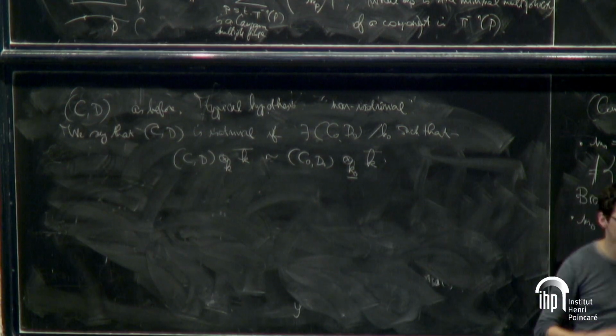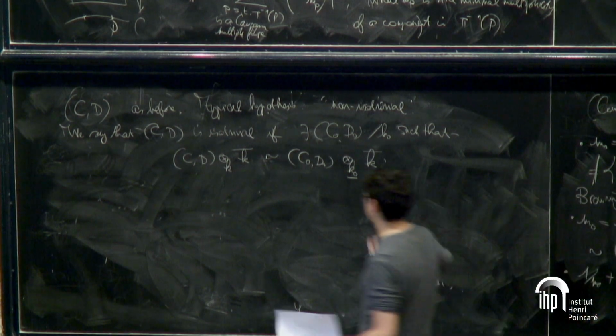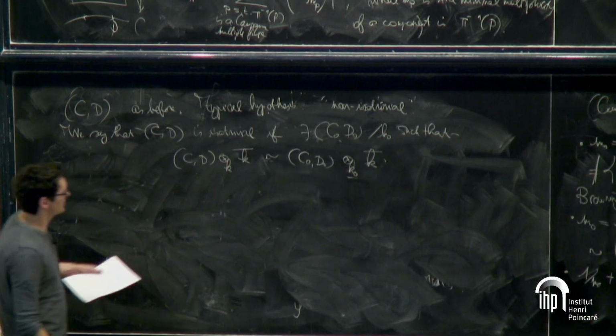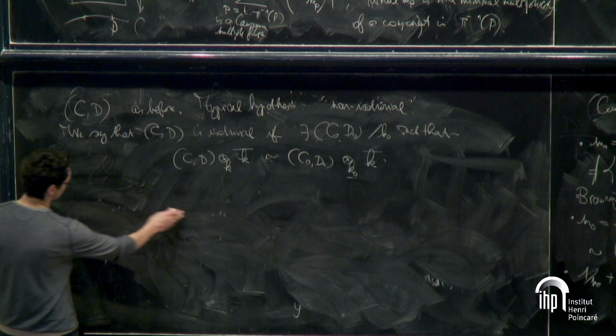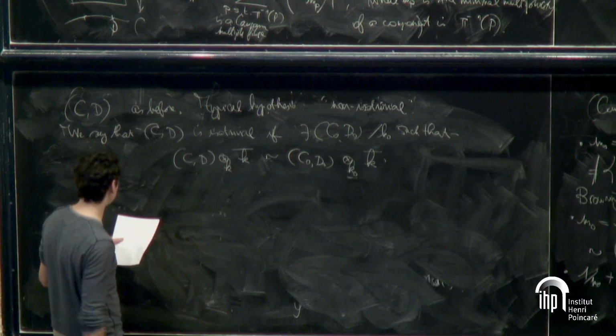If you have an isotrivial family, then you'll get many points, which is something you don't want to see in Mordell's theorem. So we need at least this kind of assumption.